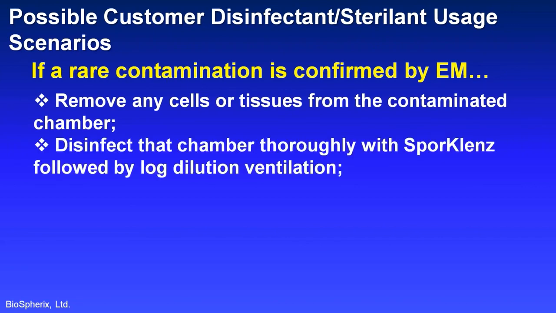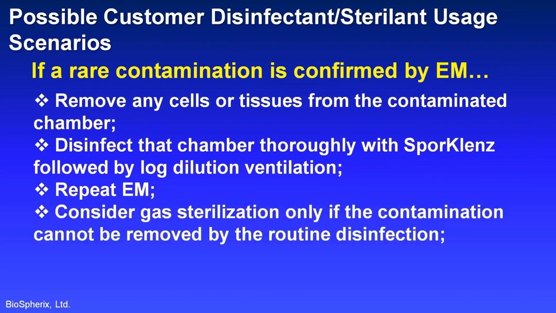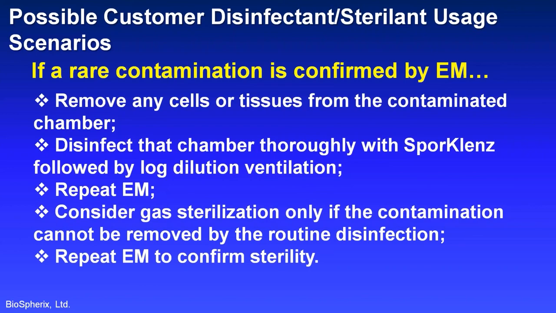Then disinfect the chamber thoroughly with the sporicides followed by log dilution ventilations. And repeat the EM. Consider the gas sterilization only if the contamination cannot be removed by the routine disinfections, and also repeat the EM to confirm the sterility after that.